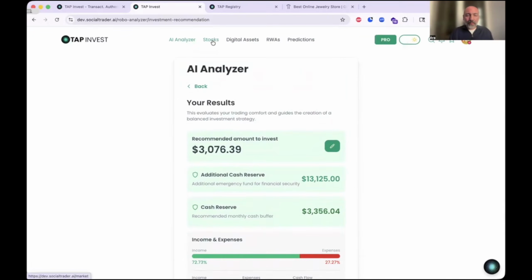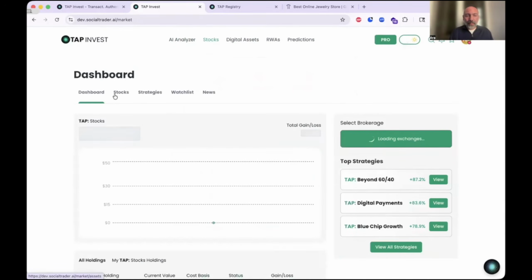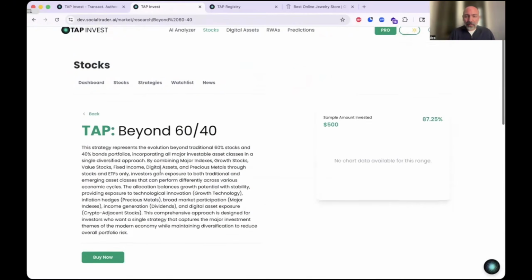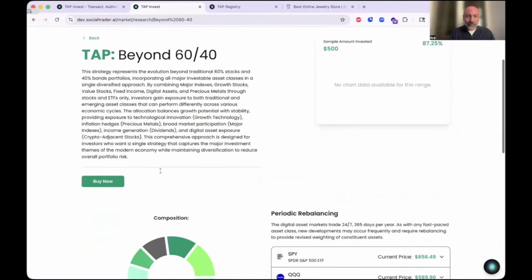So now let's take a second and let's dive into stocks. Here on stocks, we'll go into strategies. And as you can see here, right now we have 6 different strategies you can look at. And you can see the return that the back testing shows the strategies have done over a 2-year period. So if I click on research, in the research tab, I'll have all the information about the strategy.